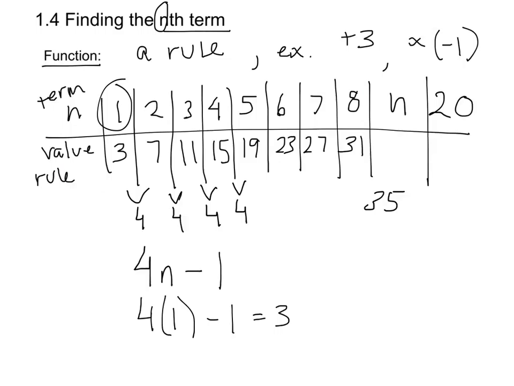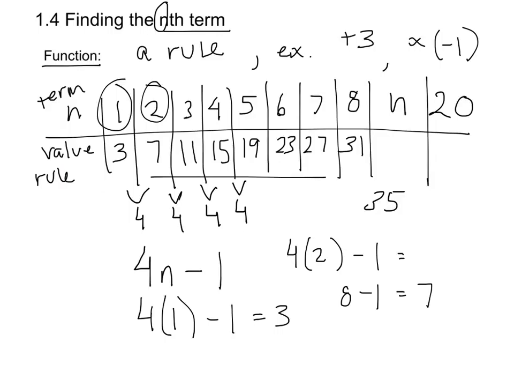And let's see if it works for the second one. We have 4 times 2, because here n is 2, minus 1, and that equals 8 minus 1, which equals 7. So that works too. So if we go through, we can see that this will work for all of these. So now we know that our nth term is 4n minus 1, and now we can use that to find number 20.